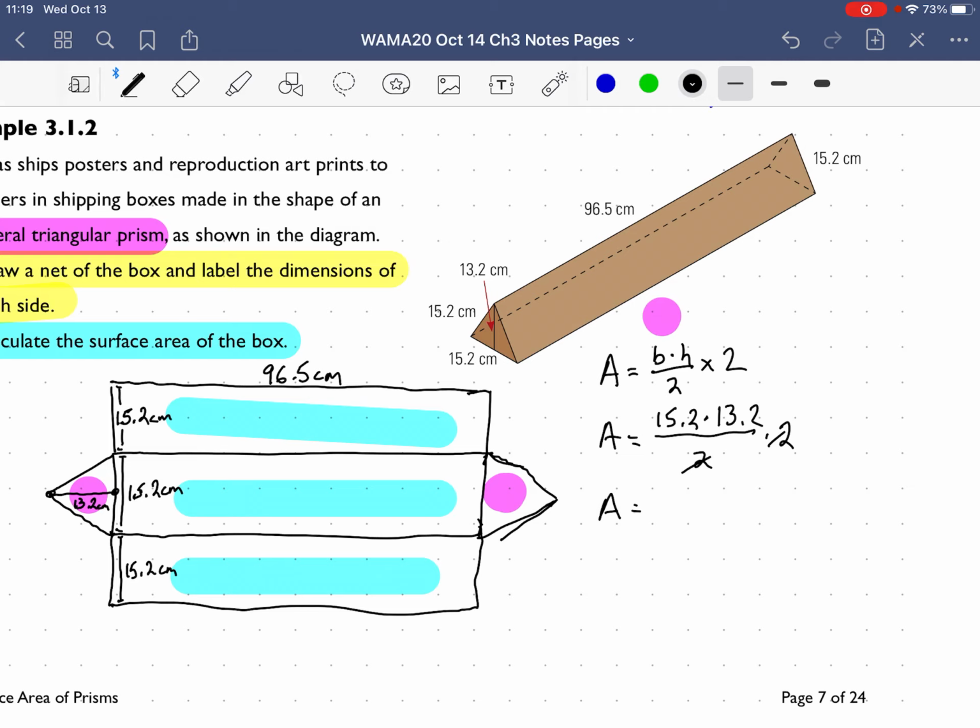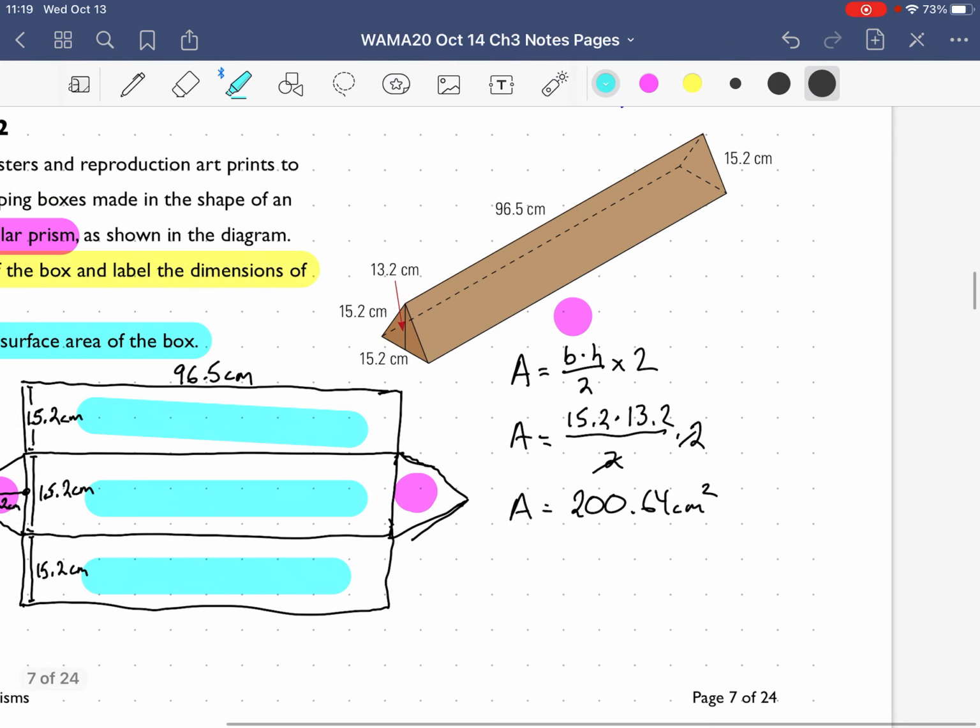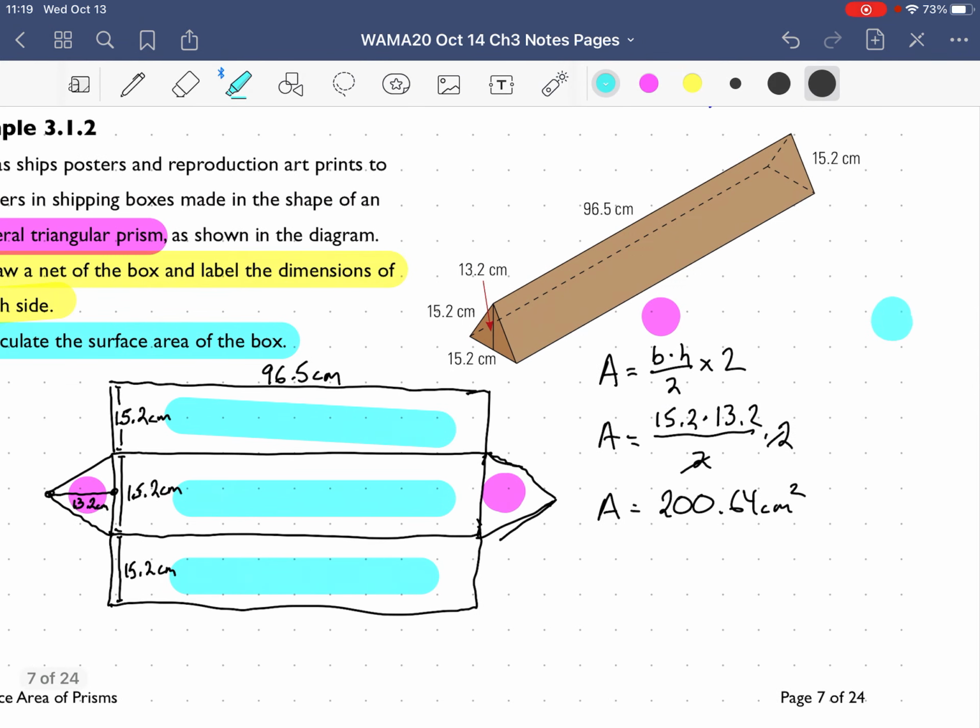So I get out my trusty calculator. 15.2 times 13.2 is equal to 200.64 centimeters squared. Now, moving on, and I hope I have enough space here, the rectangles.